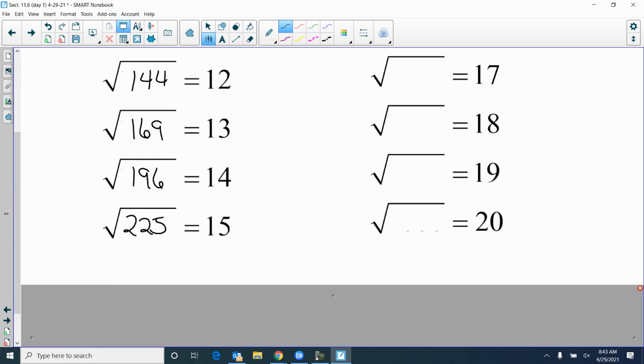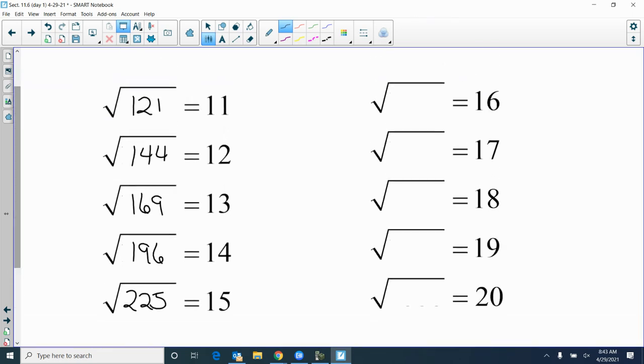Now you might recognize these, but we're not going to expect you to have these ones memorized, and we're not going to take the calculator away from you. 16 squared. 17. 18. 324. 361 and 400. All right.